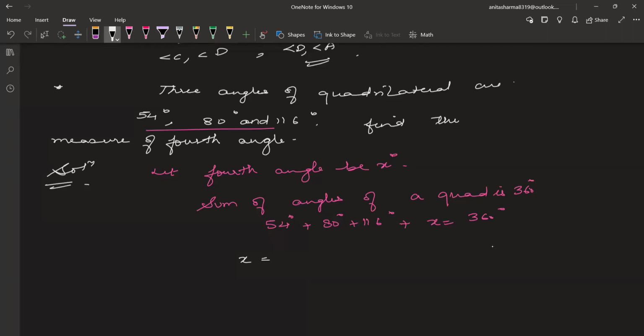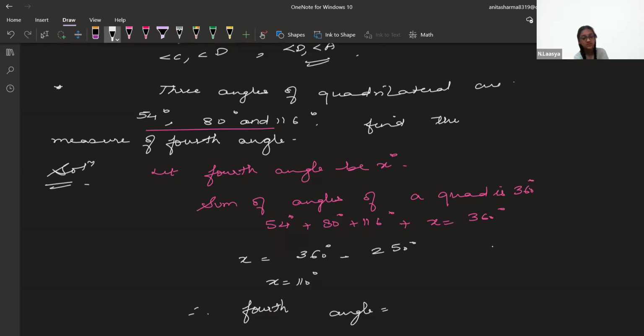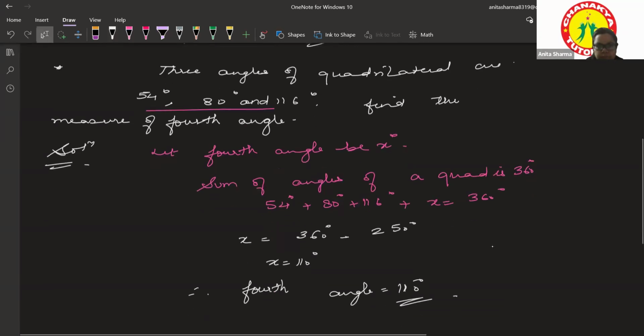Yes, ma'am. So 360 degree minus, now add all these. So you will get 250 degree. So value of x will be 110. So at the last, you will write your answer as, therefore, the fourth angle is equal to 110 degree. Clear, beta? Yes, ma'am.